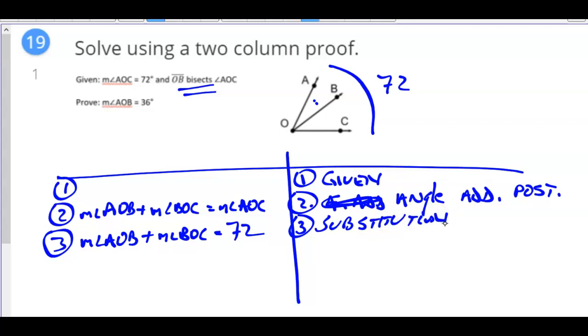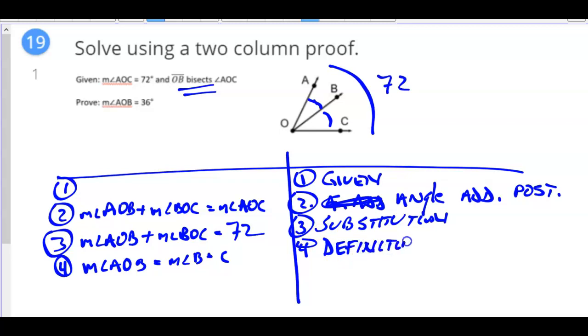All right, now the key here is that these two are going to be equal. Why? Because we have a bisector, so we need to say that they're equal. The measure of angle AOB is equal to the measure of angle BOC. And this is where people are like, well, you said bisector, I know that it's half, but we just used this idea, definition of a bisector.